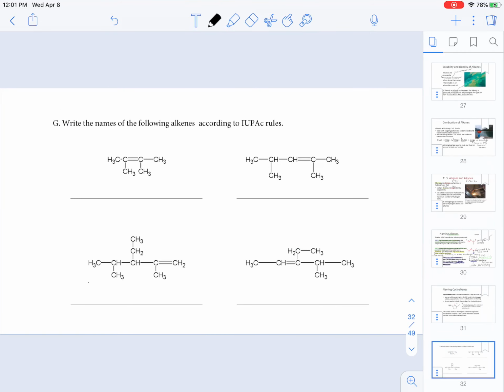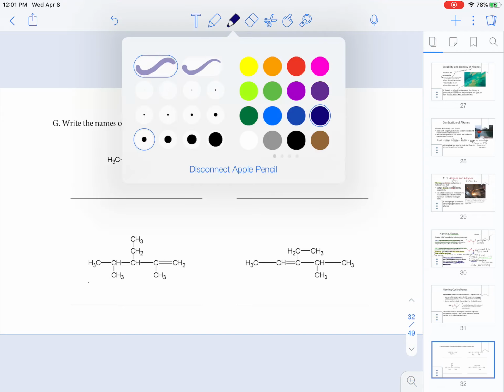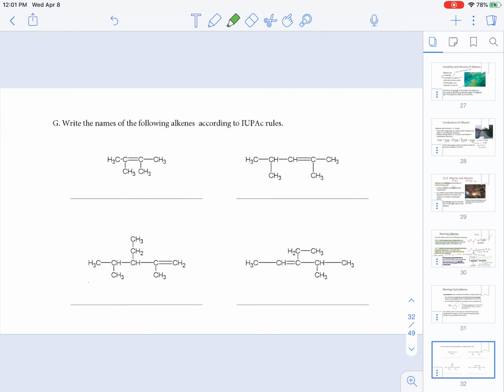Let's practice now naming, given the structure, what will be the IUPAC name for several molecules that have alkenes. The rules that we discussed previously for alkanes, when we have multiple of the same substituent and different substituents in the molecule, also apply to this functional group. So, as I discussed previously, we have to find first the longest carbon chain.